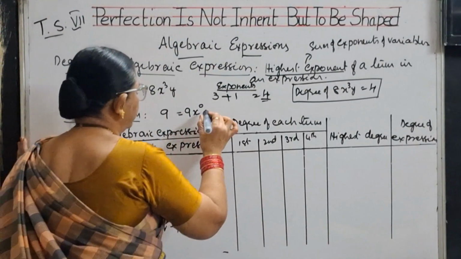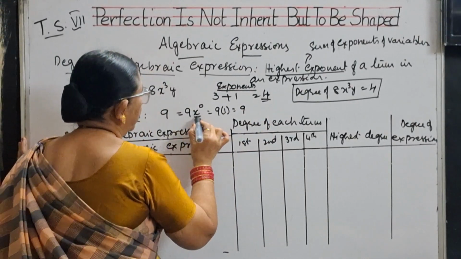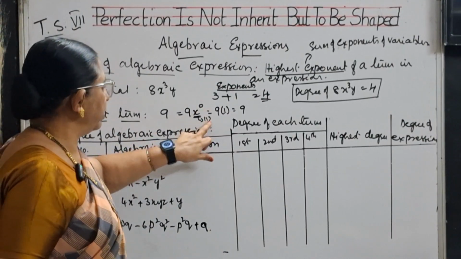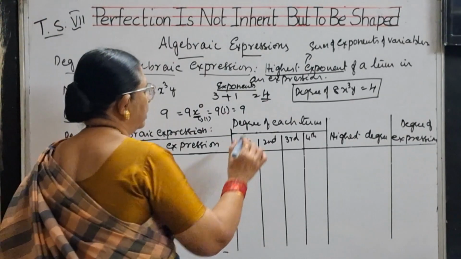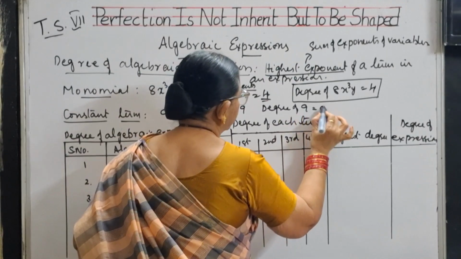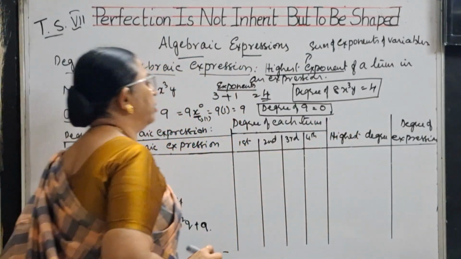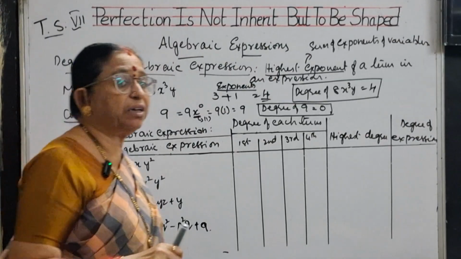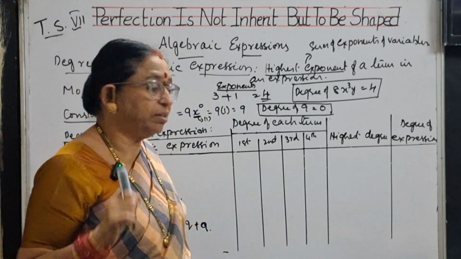So this will be nothing but 9 into 1, that is 9. Power of 0 means value 1. So what is the degree? Degree of 9 is equal to 0. So for any constant term, degree is considered as 0. If you have any number given and are asked to find out its degree, you should say it as 0 only.